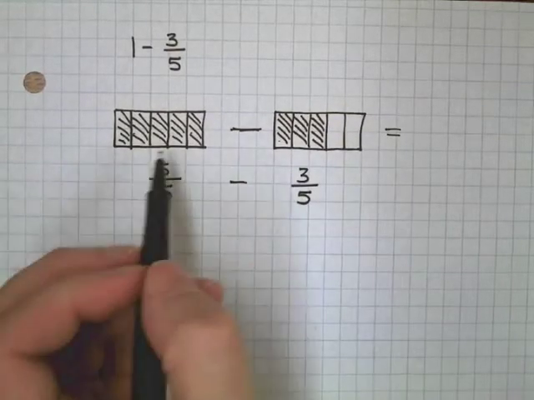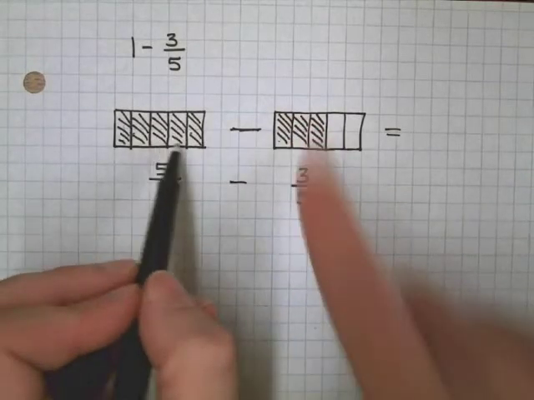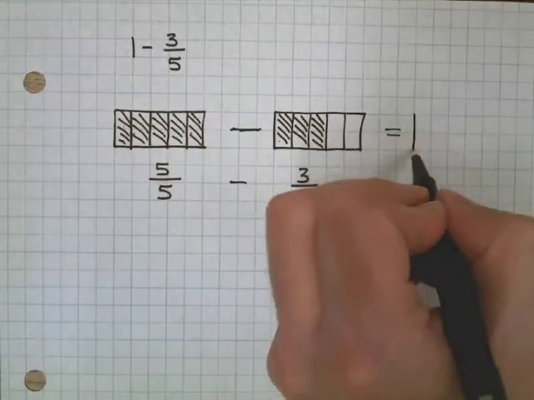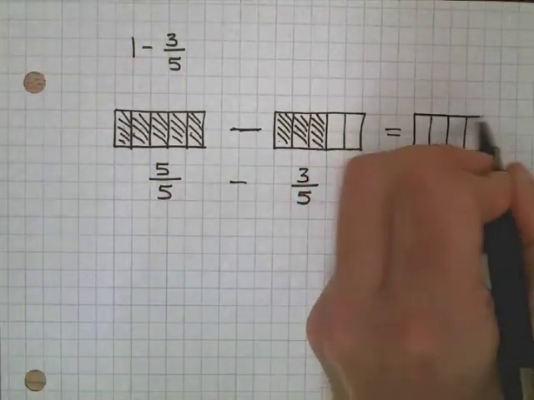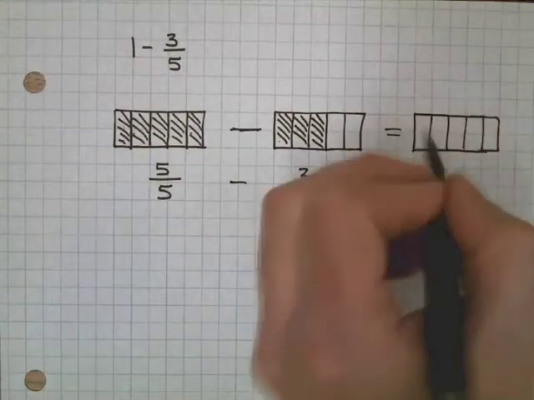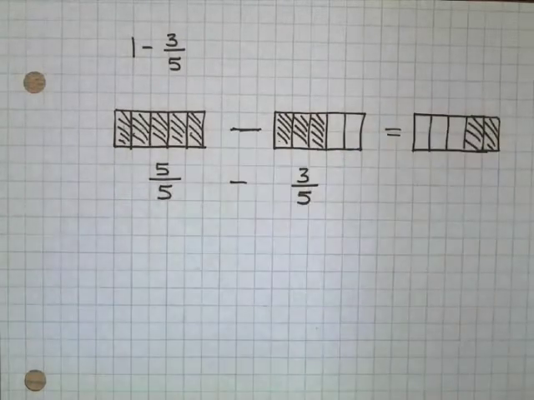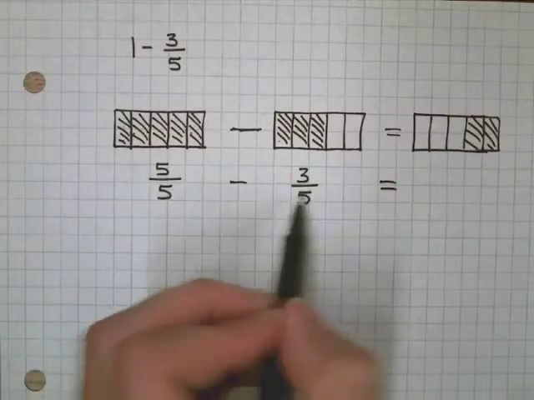Well, I can look at this picture model and say, okay, this is going, this is going, and this is going, and what I have left over are these 2/5 right here. So I can show that with another picture model, that I end up with 2/5 left over. But I notice that I have 5/5 minus 3/5.